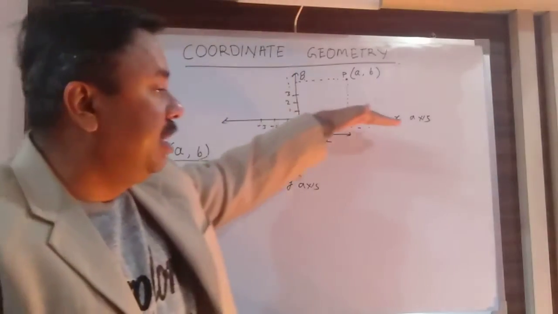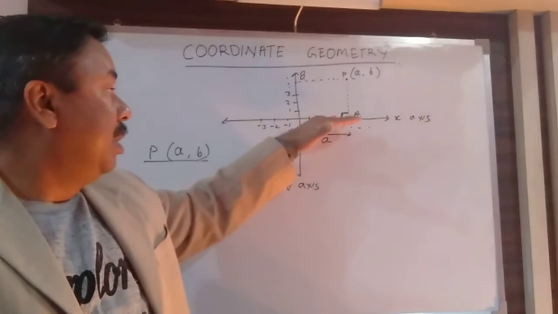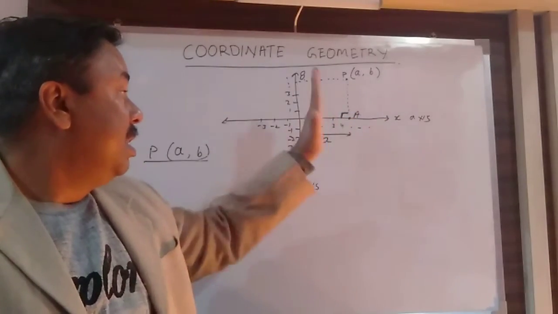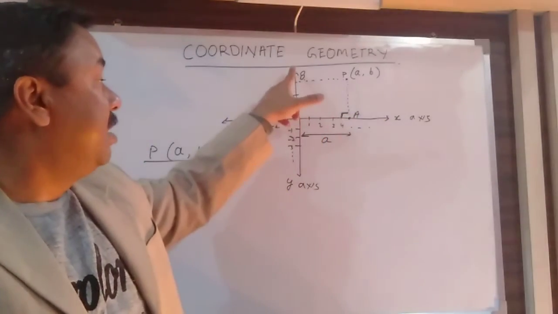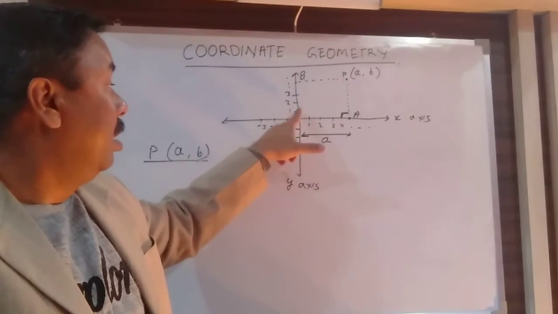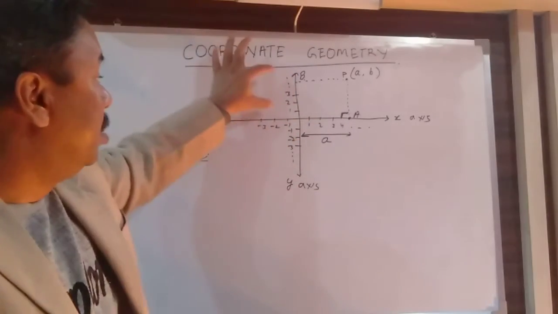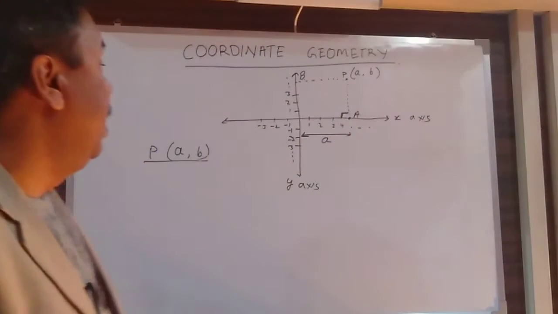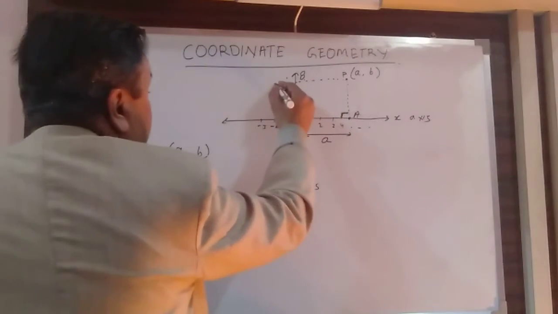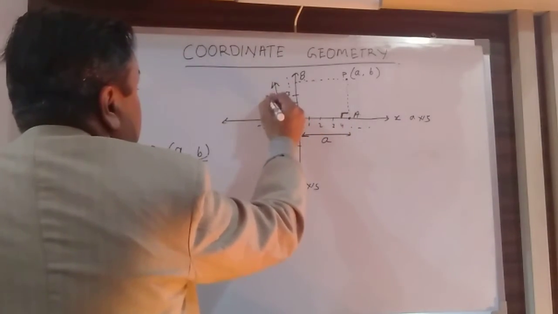Traveling along the x-axis means I am traveling away from the y-axis. Similarly, traveling along the y-axis means I am traveling away from the x-axis. So the distance of this point P from the x-axis is B.